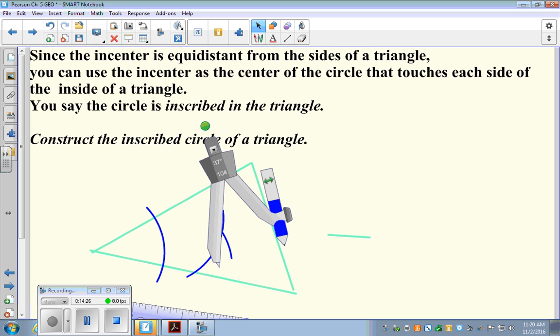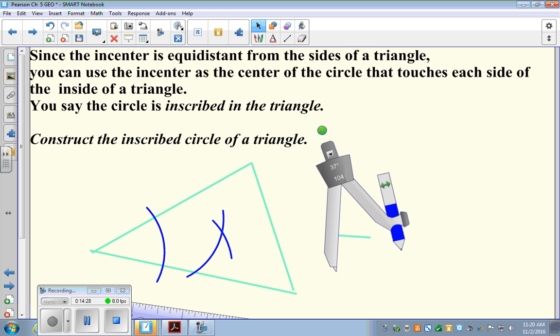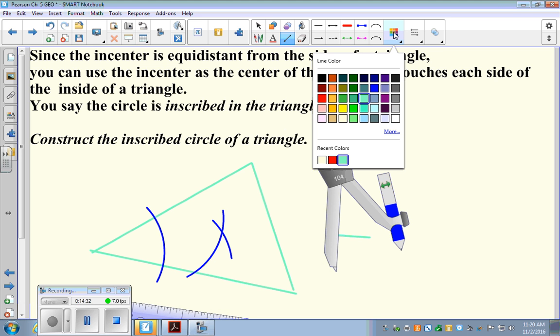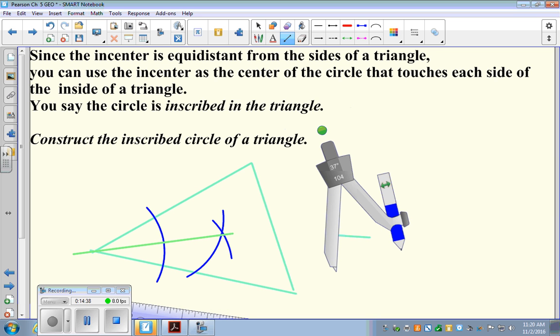And then where those two arcs cross is our angle bisector. So let's make that a green. And then we're going to do that to all three angles.